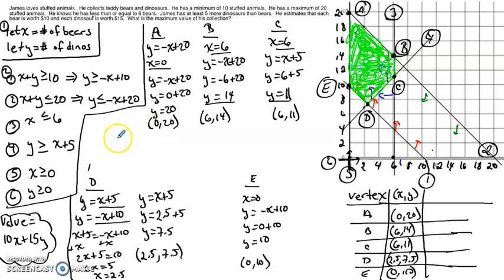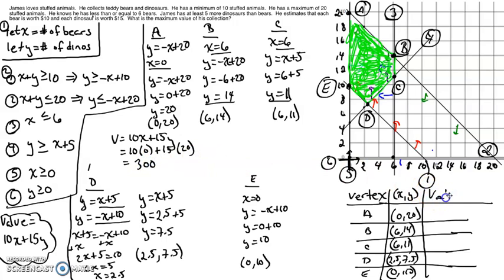So let's look at point A. Value, I'm going to rewrite that just as v equals 10x plus 15y. Well, we know x is 0 here. So value equals 10 times 0 plus 15 times 20. 10 times 0 is 0, and 15 times 20 is 300.